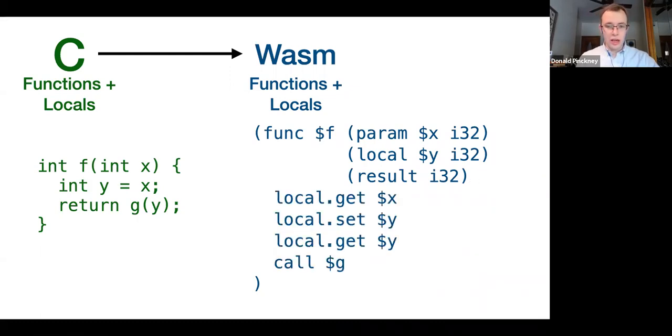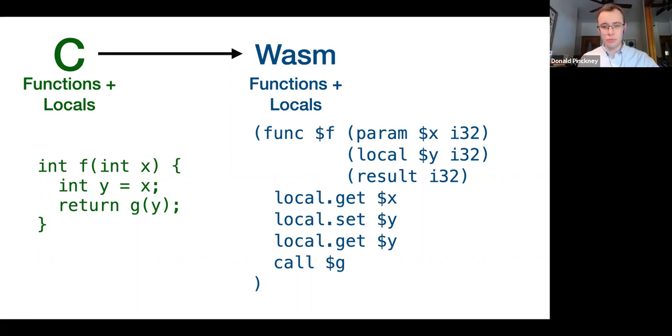WebAssembly also provides special instructions to manipulate the local variables and call functions. So here, to get the value out of x, you would do local.get x, and then you can mutate the local for y by doing a set instruction, and then you can retrieve it again to push it onto the formal stack, and then you can do the function call.